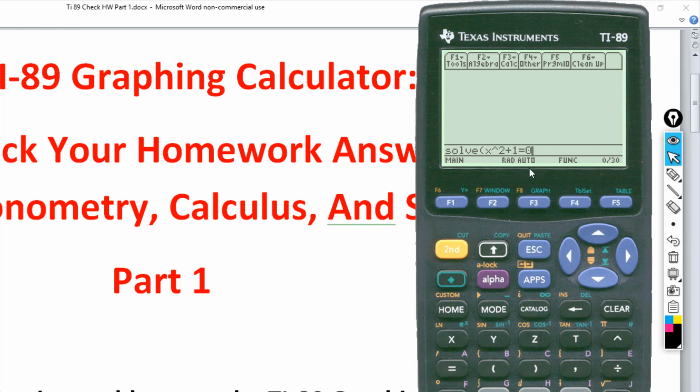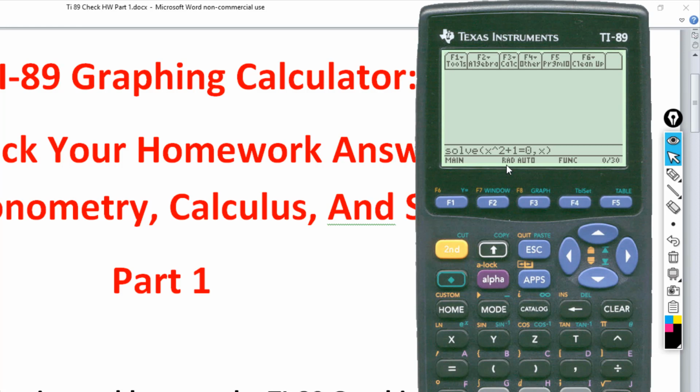Then a comma, we have to tell the calculator the variable to use. So this is going to be x, close the parentheses. I'm going to use basic equations here just to shorten the video, but the procedure is pretty much the same if you have a more complicated equation.